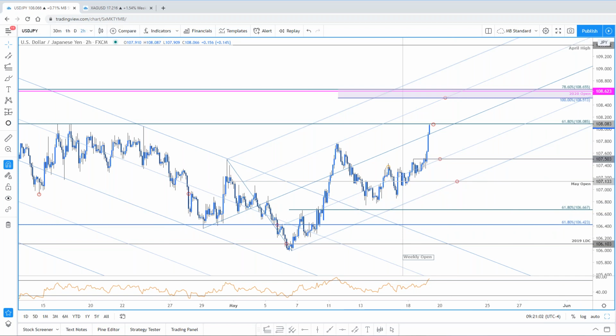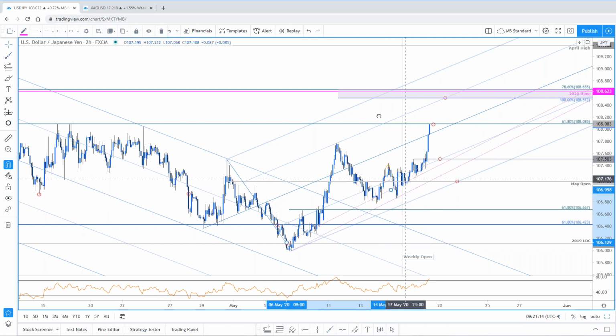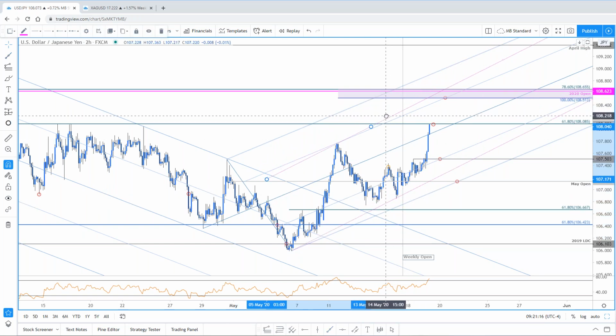And if we were to drop the slope, let's say we just go with a basic parallel of slope support. Just something I want to show you as well. I was looking at this yesterday. Let's just say we use the slope extremes on the low. Look where that converges. Now, it just so happens that that 75% line is about the same time frame, same reference point.